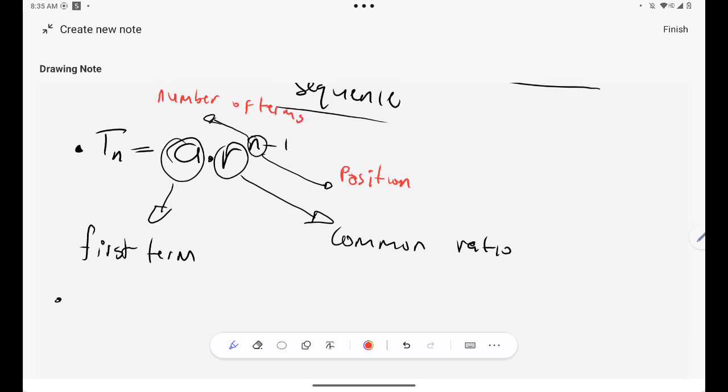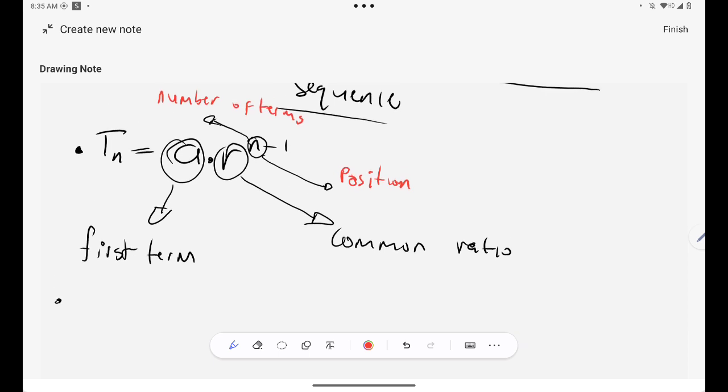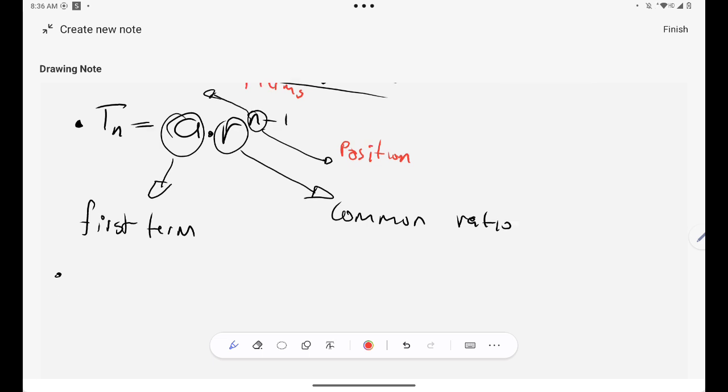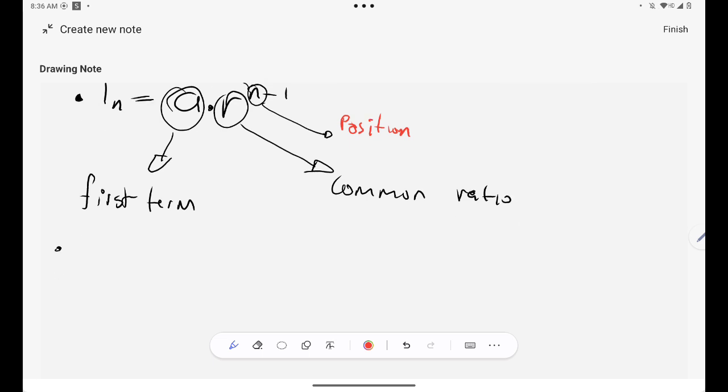So firstly, whenever they say to you a particular sequence is geometric or it is exponential, the first thing that should come into your mind is that it has a constant ratio. And how do you get a constant ratio? It's the quotient of two terms, t2 over t1 is the same as t3 over t2, same as t4 over t3.